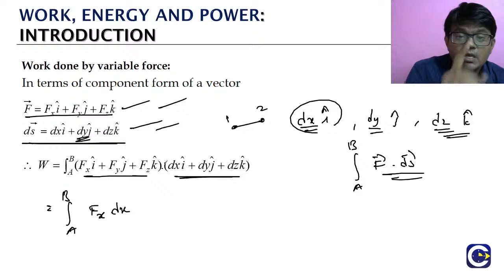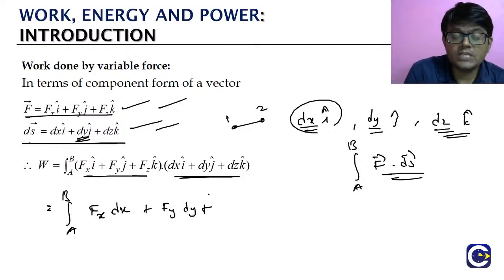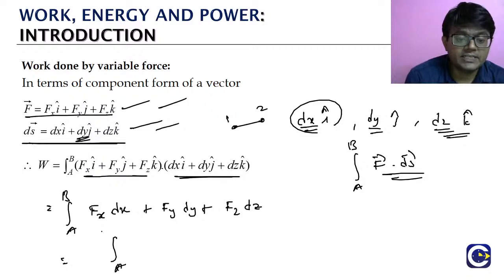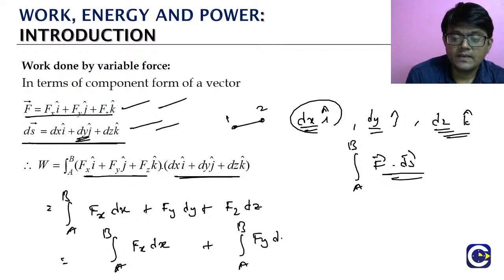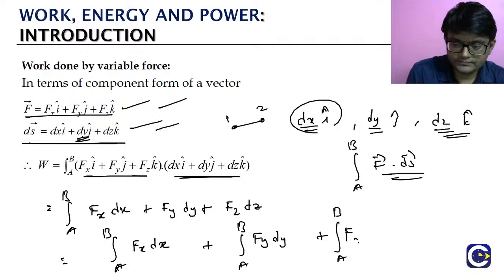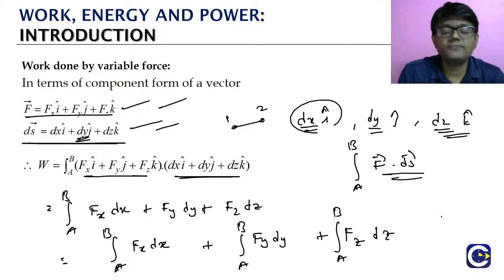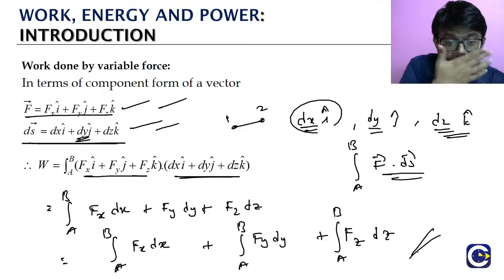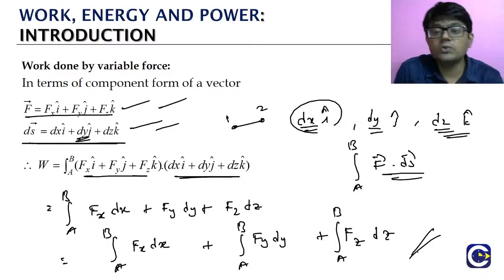The dot product is the product of the i components plus the product of the j components plus the product of the k components. Now we can split this integration: integral a to b Fx dx, plus Fy dy, plus Fz dz.